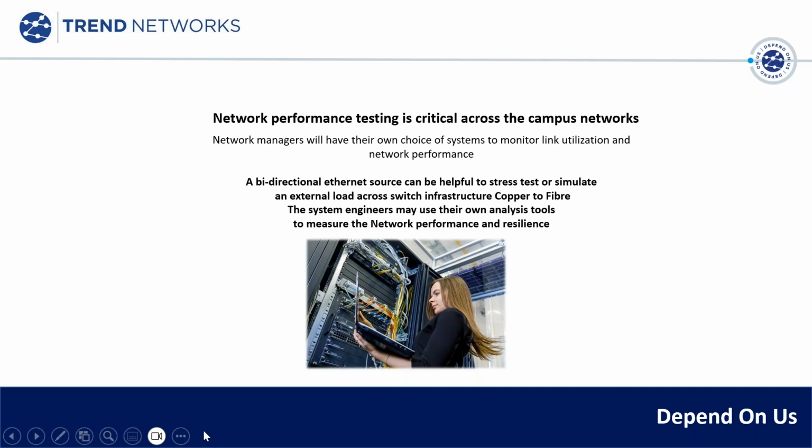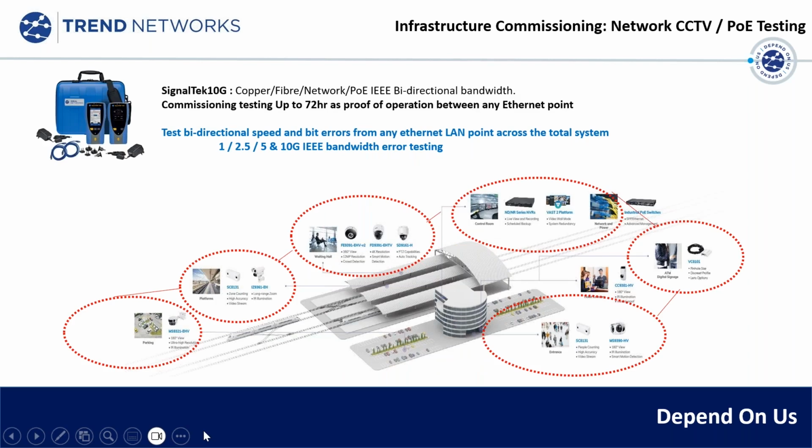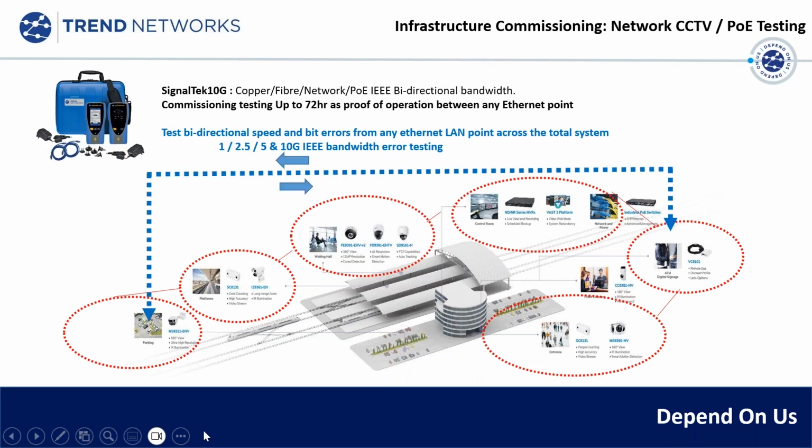So Trend Networks has built an amazing device. It's an IEEE based tester, which can connect from one point to the other, pick a point, one to the other, straight through the network, and you can do a load test. 1 gig, 2.5, 5, or 10G, based on IEEE standards, point to point.